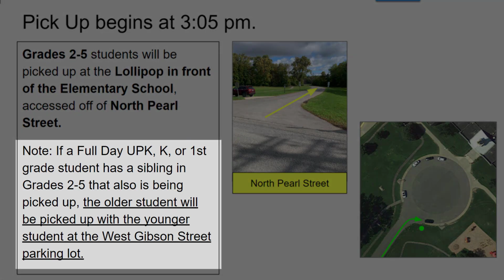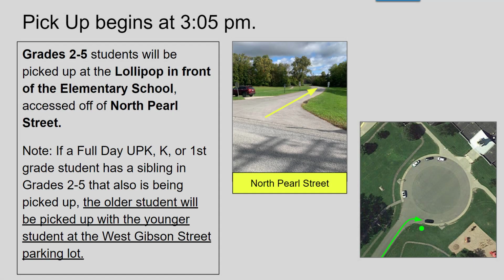Note: if a full day UPK, kindergarten, or first grade student has a sibling in grades 2 through 5 that are also being picked up, the older student will be picked up with the younger student at the West Gibson Street parking lot behind the primary elementary school.